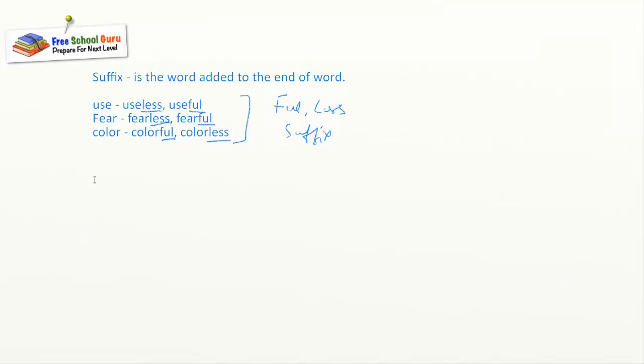Now we learned suffix, so let's learn prefix. It is just the opposite of a suffix. A prefix is the word which is added before the word, and just like a suffix, it changes the meaning of the word. Let's take an example.